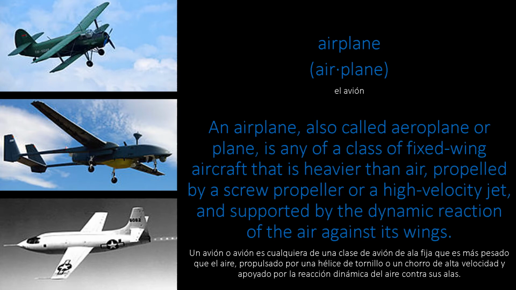An airplane, also called aeroplane or plane, is any of a class of fixed-wing aircraft that is heavier than air, propelled by a screw propeller or a high-velocity jet, and supported by the dynamic reaction of the air against its wings.